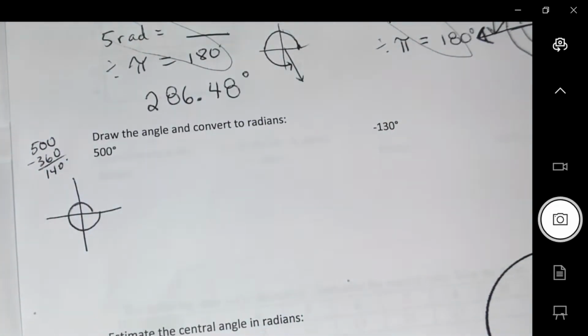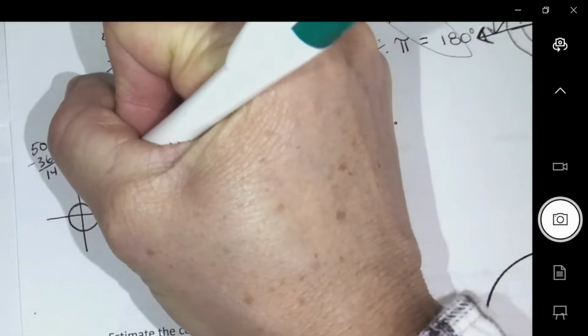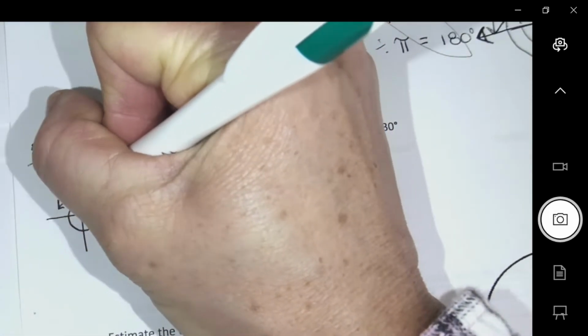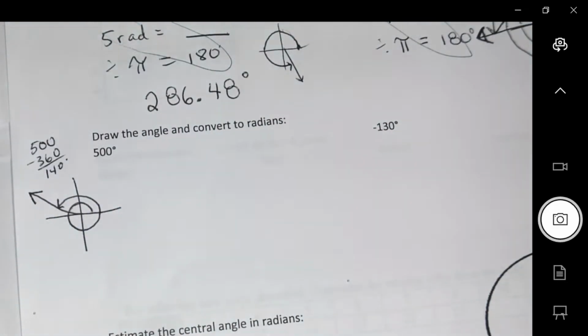So a full circle plus 140 more. So that means I'm going to end up something like that. You know what 140 degrees looks like? Make sure that you understand that's 180, so don't go that far.